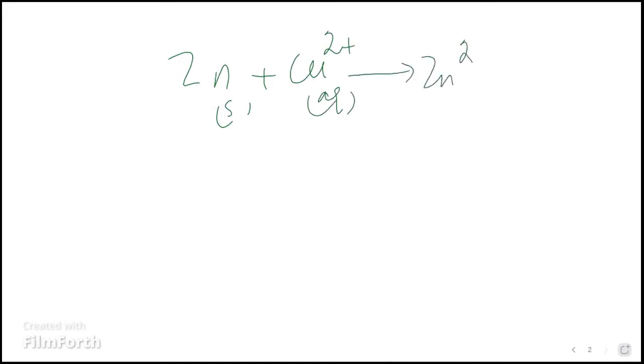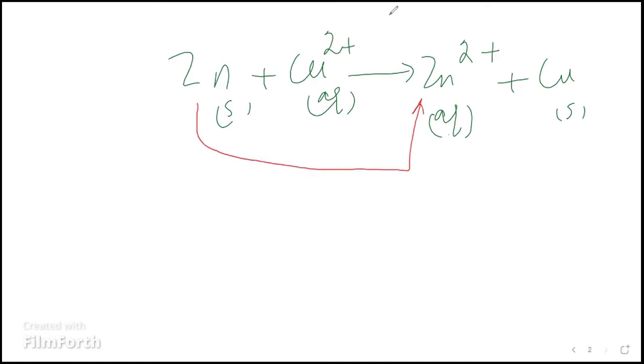The resultant equation will be: Zn plus Cu2+ makes Zn2+ plus Cu. So how is this reaction a redox reaction? You can see here zinc is changing to Zn2+ ion due to loss of electrons.